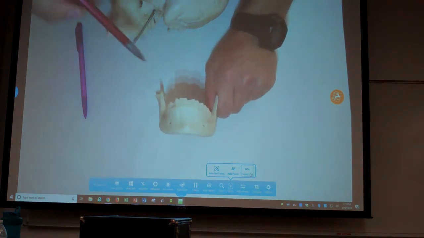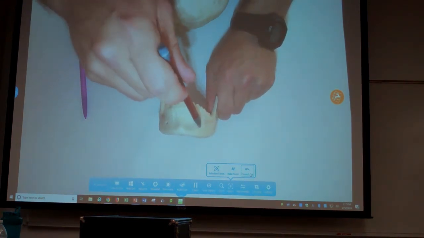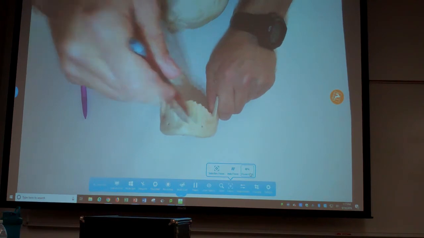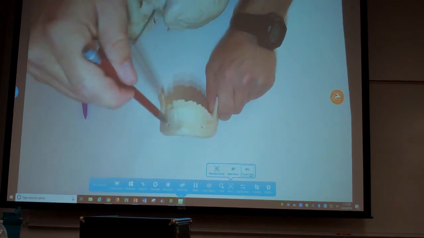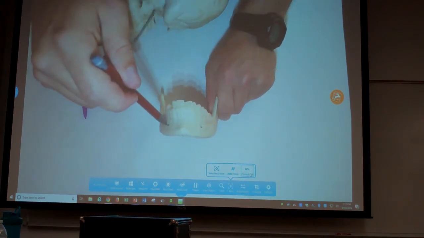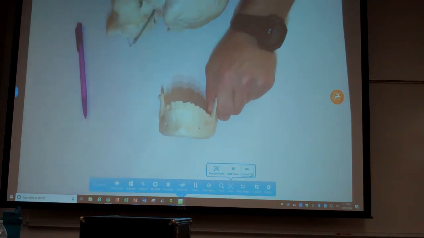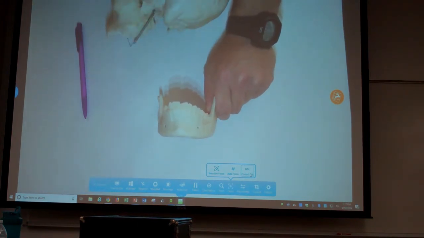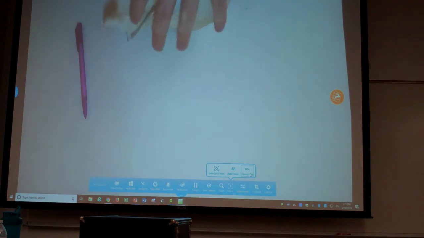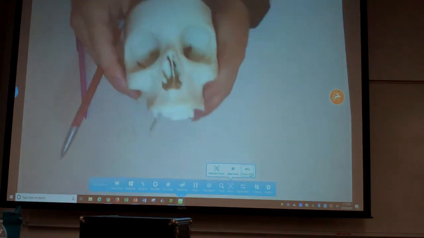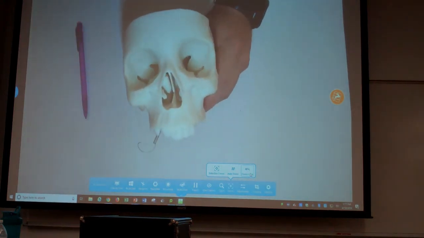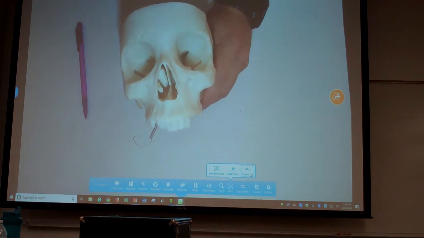Additionally, you've got two foramen here. These are considered your mental foramen, holes in the bottom of your jaw. Lastly, we've got our infraorbital foramen on our maxilla.